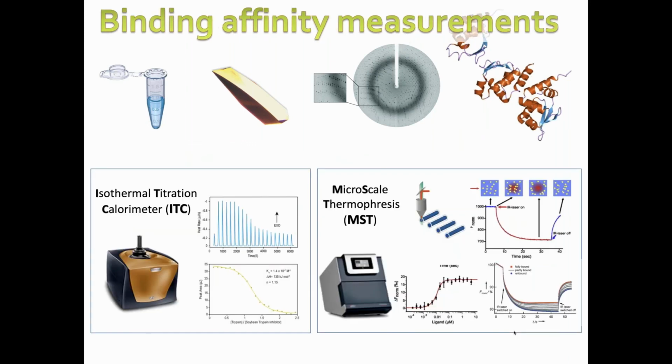And finally, we have another subunit, our biophysical unit, where we have both a nano ITC and nano MST and DSF from NanoTemper, which allow us to both determine the stability of the protein and whether we have good binding and high affinity.